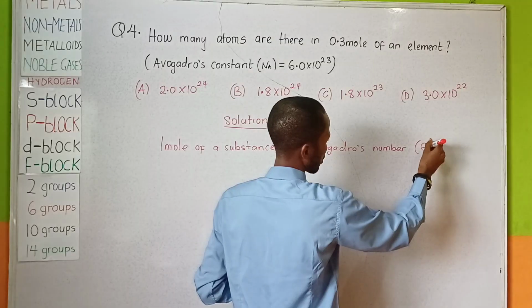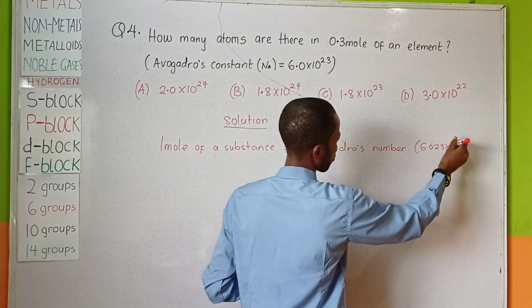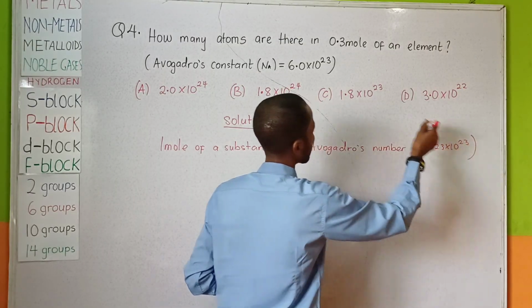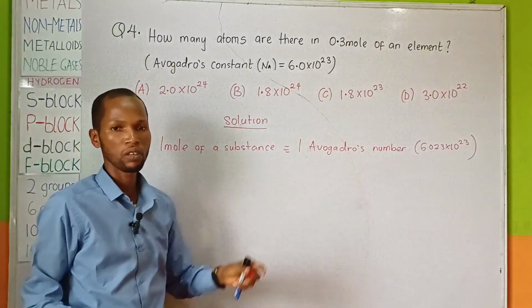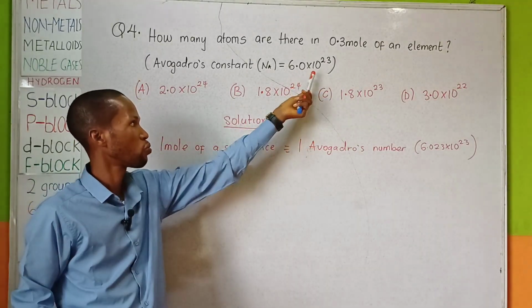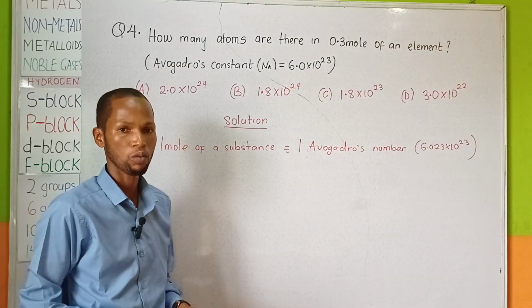That is 6.023 times 10 raised to the power 23. But in this question, we're given the Avogadro's constant as 6.0 times 10 raised to the power 23. So we'll make use of the constant given to us in the question.